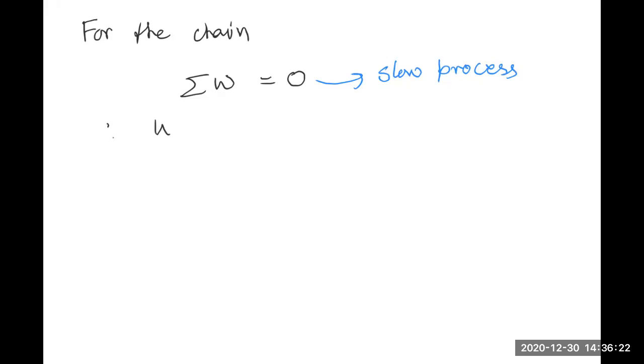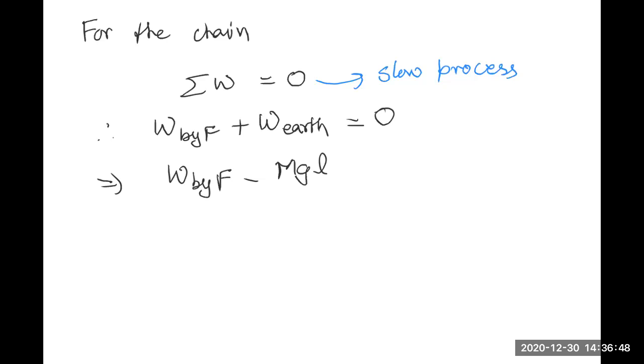Therefore, work done by the force F, which we have to find out, plus work done by earth must be equal to 0. Actually, there is work done by normal reaction also, but I don't want to write that because I know it is going to be 0. So this gives me work done by F minus mgl by 18 is equal to 0. Work done by F is equal to mgl by 18.